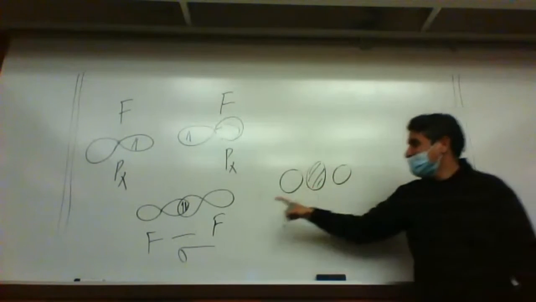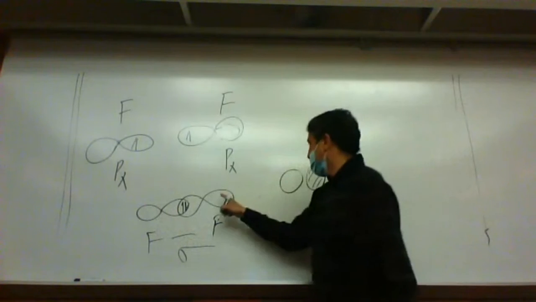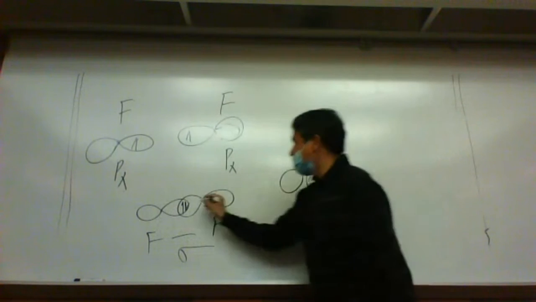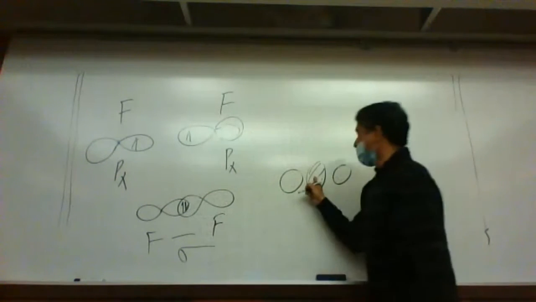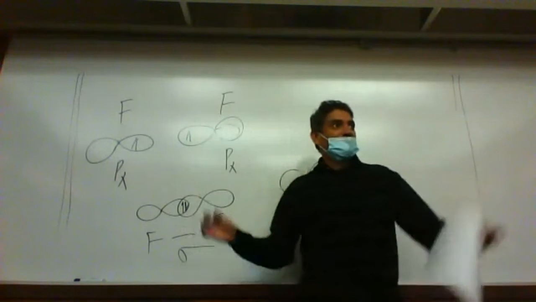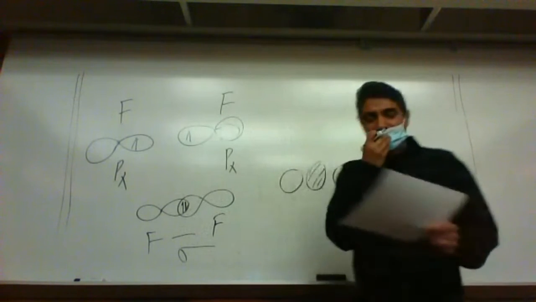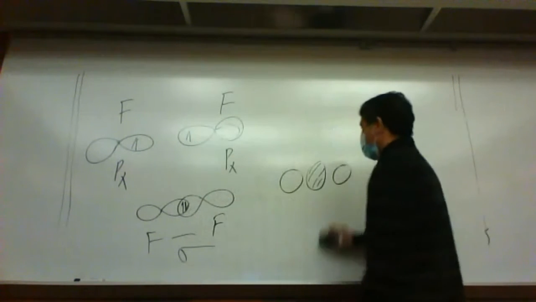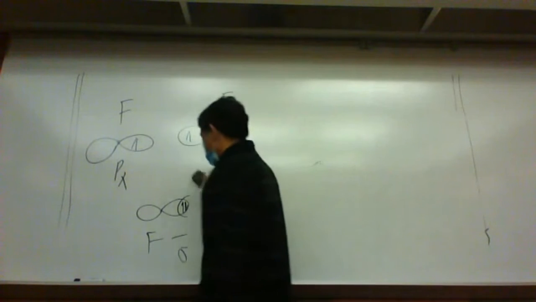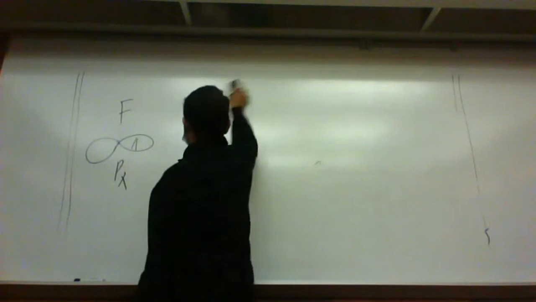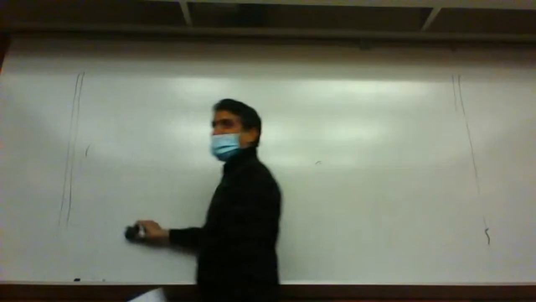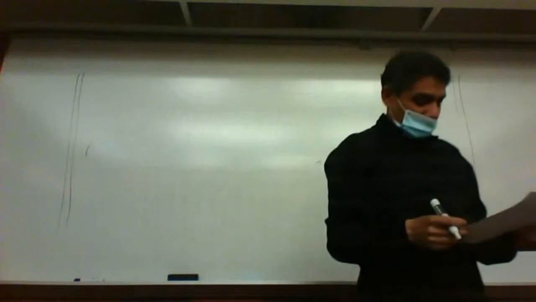So this is this one, this is this one, and this region is the overlap region here. So don't get confused. It's the same thing. Make sense? Good. So this is easier to understand. When they overlap head on head, they form the sigma bond.